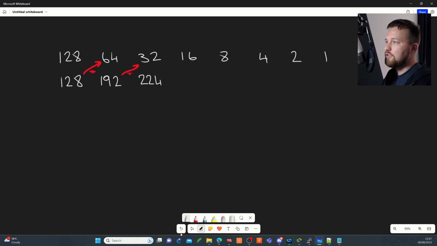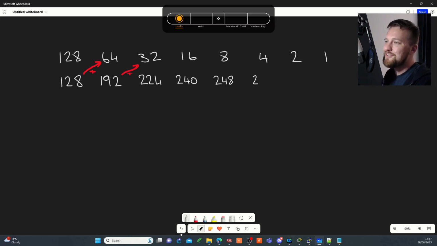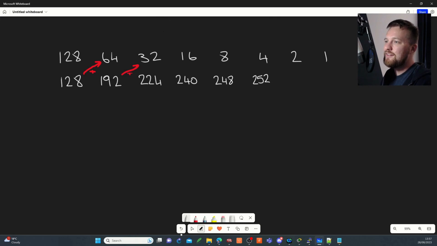We're going to keep that pattern going. 224 plus 16 is 240, 248, 252, 254, 255. And this is where we get those values from, which the subnet mask can only ever be.